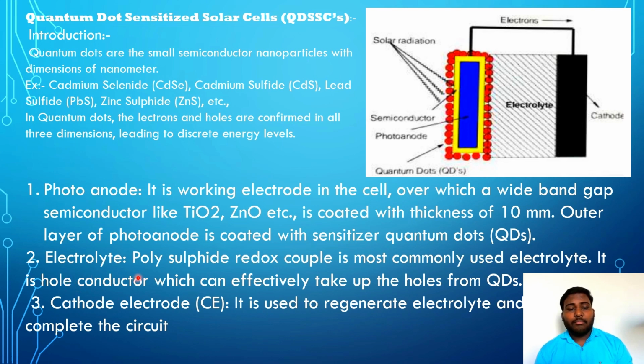Electrolyte: polysulfide redox couple is the most commonly used electrolyte. It is a hole conductor which can effectively take up the holes. Cathode electrode: it is used as a regenerator electrode and completes the circuit. This completes this slide. Let's move to the next slide.